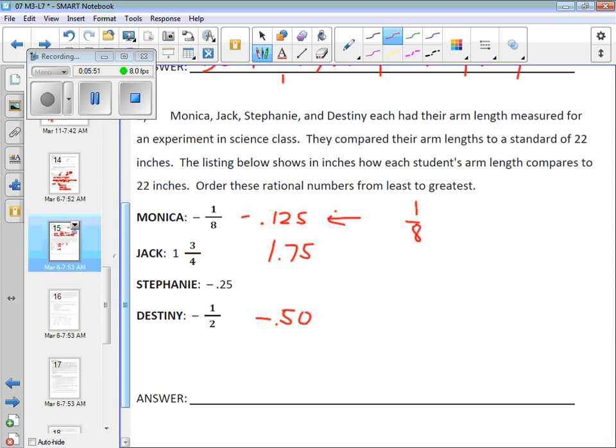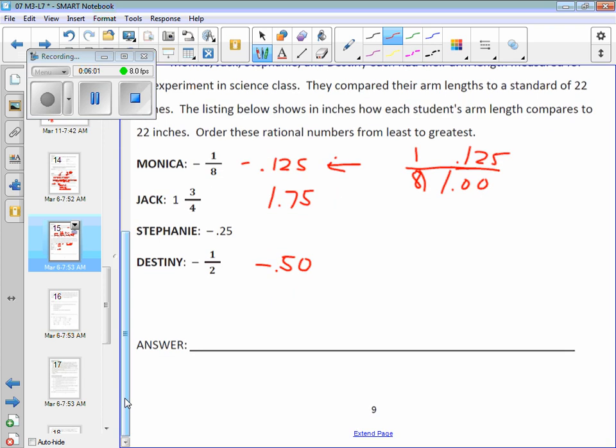When you do this, it's 8 into 1.00, and you wind up with 125 if you've done it. And so then the correct order becomes Monica, Stephanie. It's least to greatest. Monica, Steph, Destiny, and Jack.